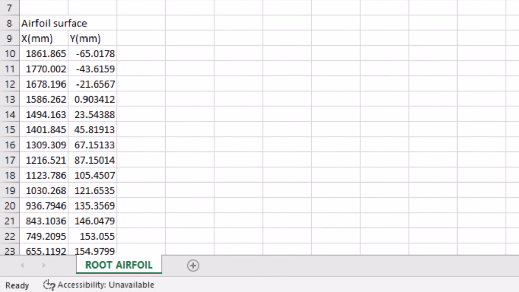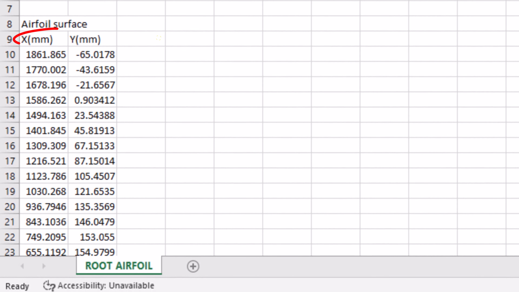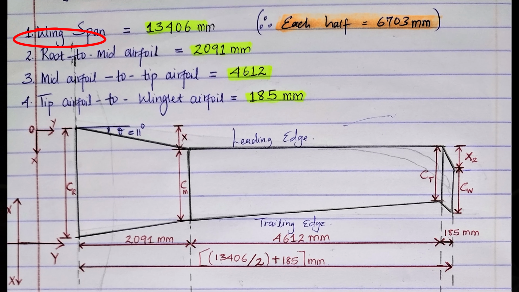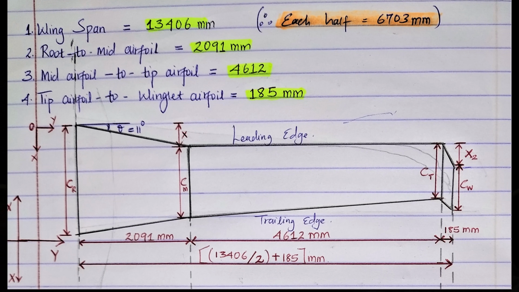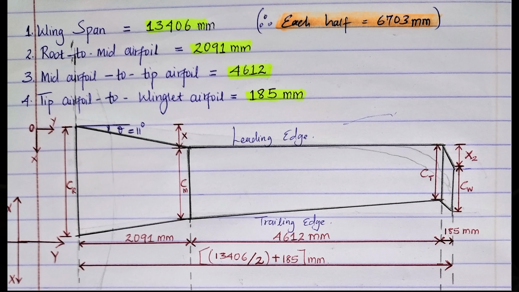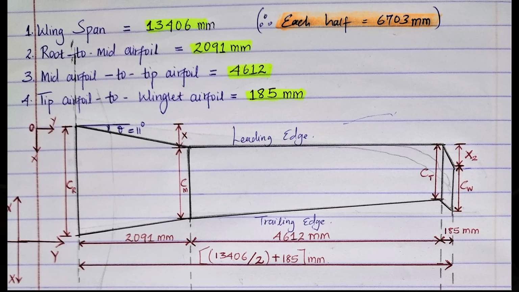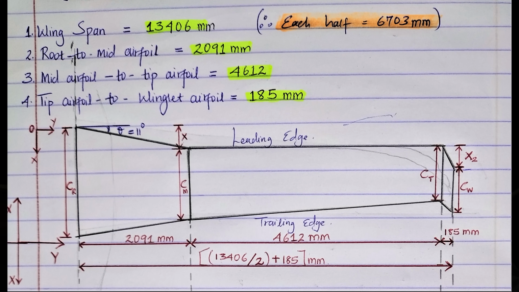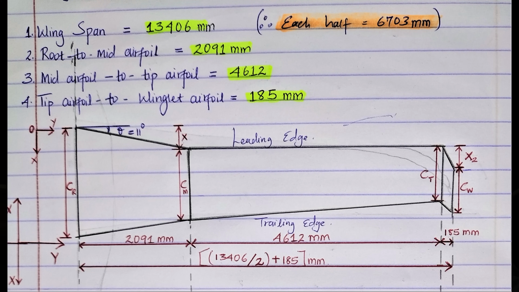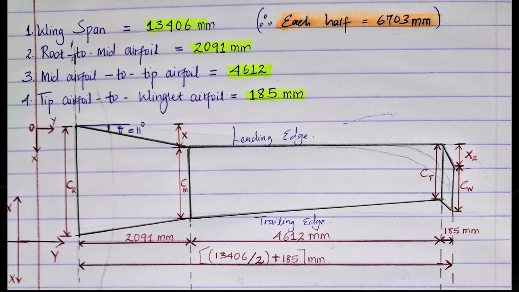Therefore, those coordinates that we just imported, X and Y, are actually X and Z. And our Y coordinates are a constant value along the span. The root chord is at 0, the mid chord is at an offset distance in the y-axis, and so on and so forth. Now let's go ahead and do it practically so you can understand what I mean.